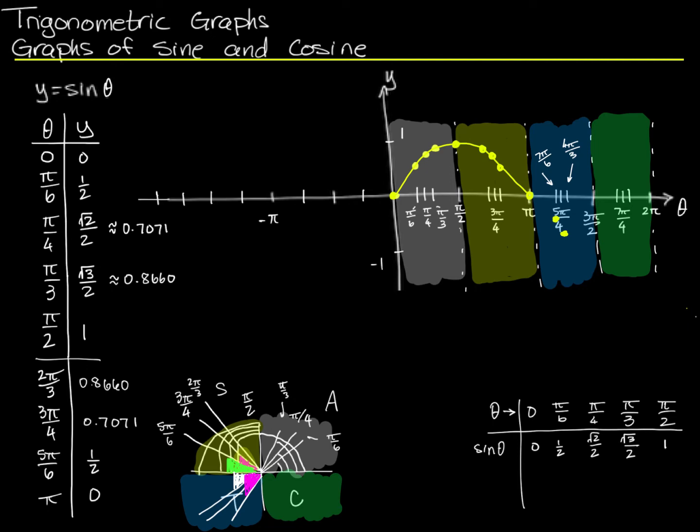Pi over 3 is a 60-degree angle, and the sine of pi over 3 is about 0.86. So I'm going to be about 0.86 or almost 0.9, but it's negative. So my y value here is going to be below the x-axis, about 0.9, not quite to 1, right about there.